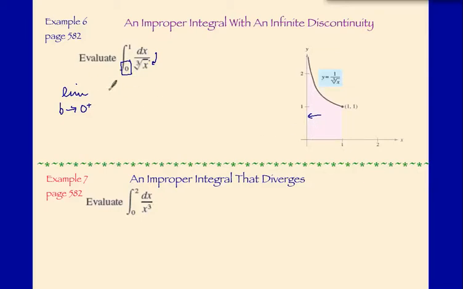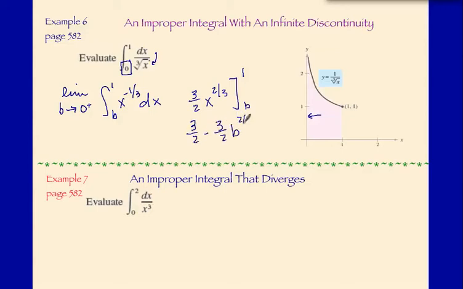So this becomes the limit as b approaches 0 positively of the integral from b to 1 of x to the negative 1/3 dx. Integrating this gives us 3/2 x to the 2/3 from b to 1. This will be 3/2 minus 3/2 b to the 2/3.